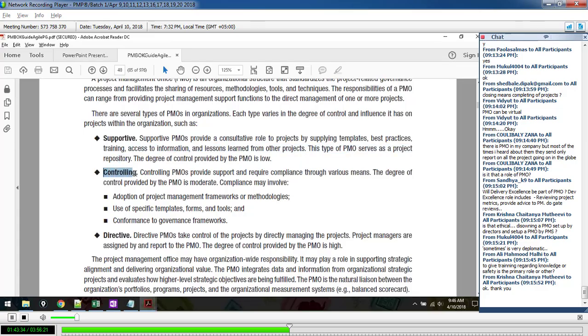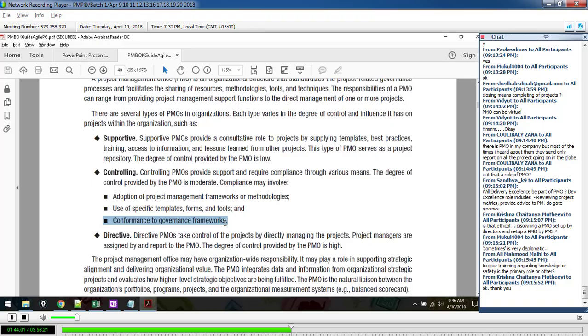You might also have a controlling PMO. Sometimes in companies like fuel and oil, right, gasoline or oil, they have controlling PMOs where you have safety and health compliance that's sort of integrated in with project management. And sometimes a change control board is integrated with the PMO too.